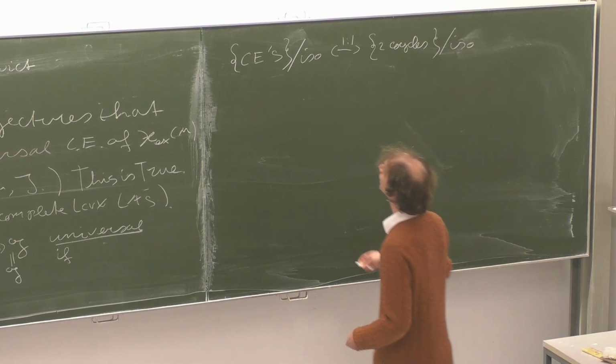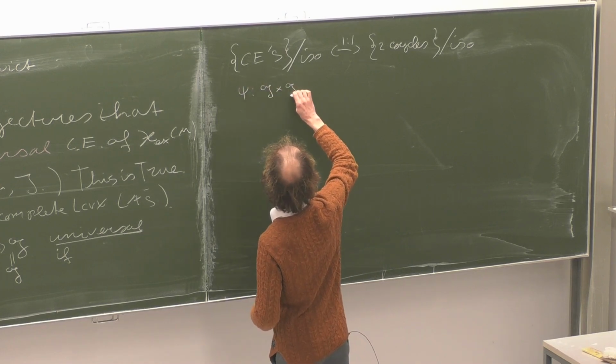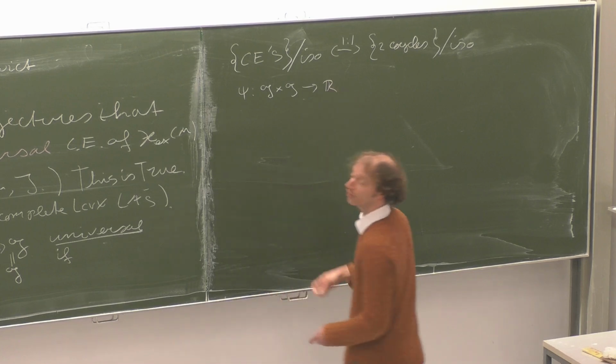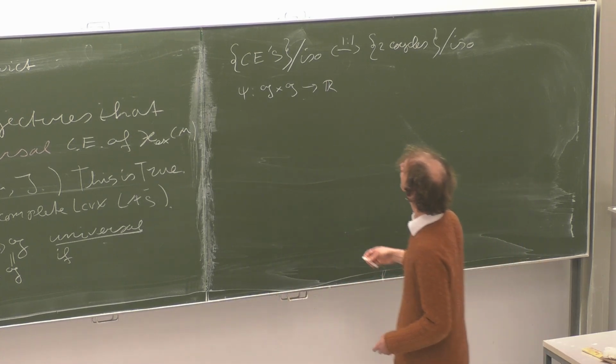And the two-cocycle is a skew-symmetric continuous bilinear map.